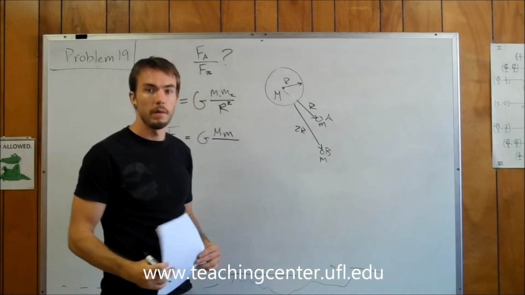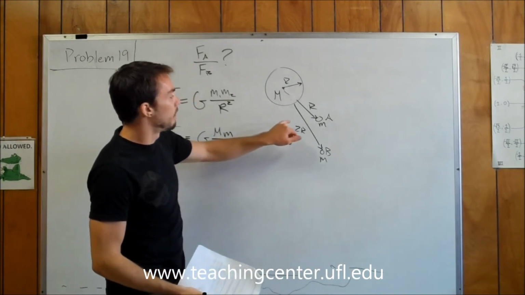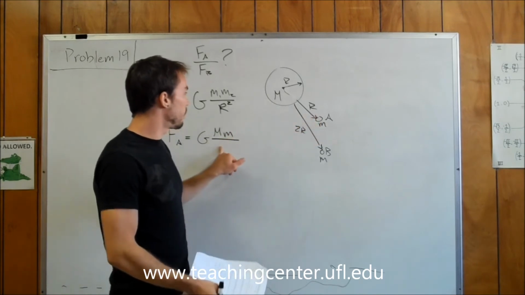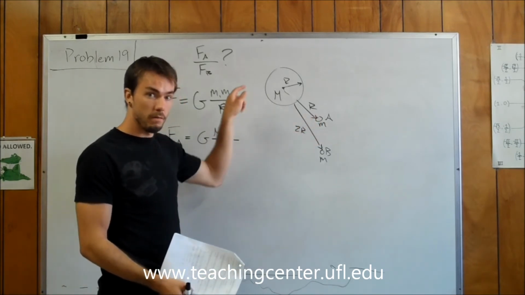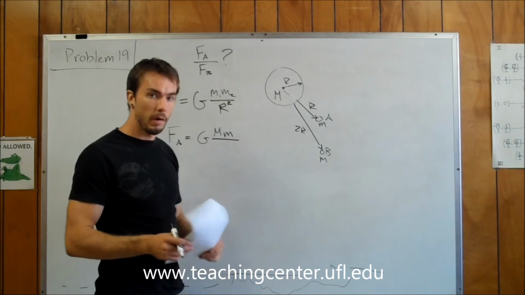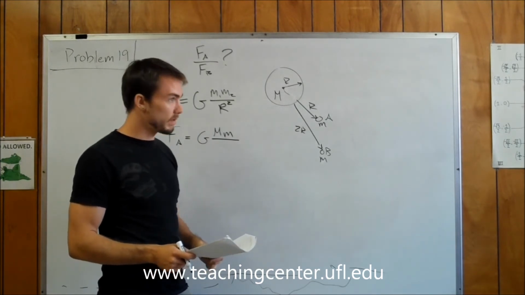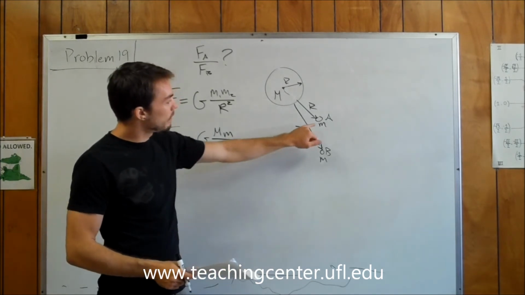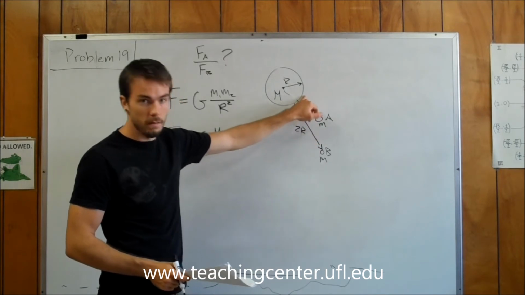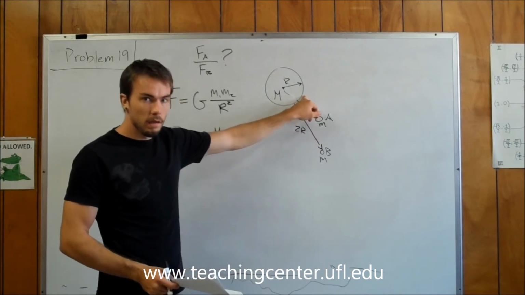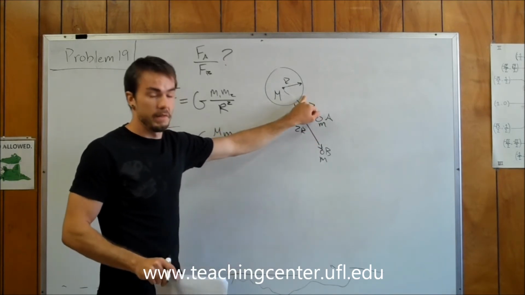Now this is the one part where they can trick you in this problem. The distance you use for r is going to be the distance from center of mass to center of mass. They purposefully tell you, almost every time, the distance between the satellite and the surface of the planet, just to try to get you to use that value, which is never going to be the right answer.